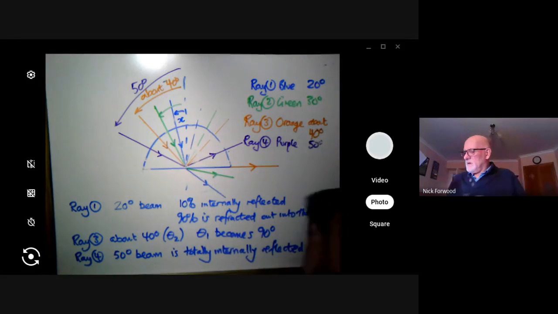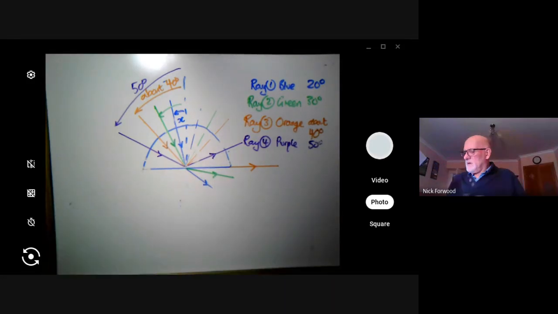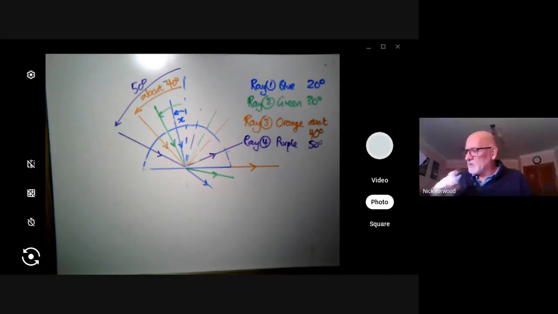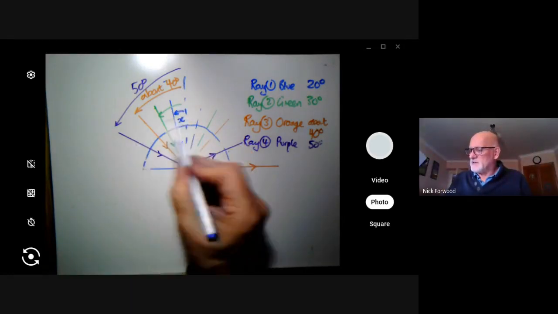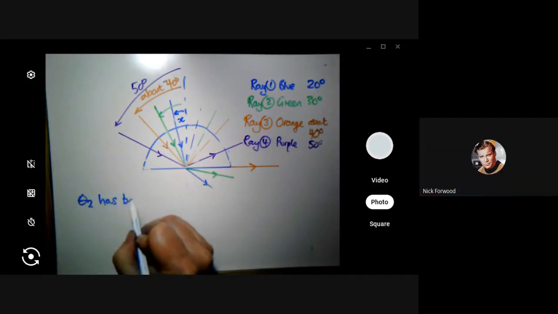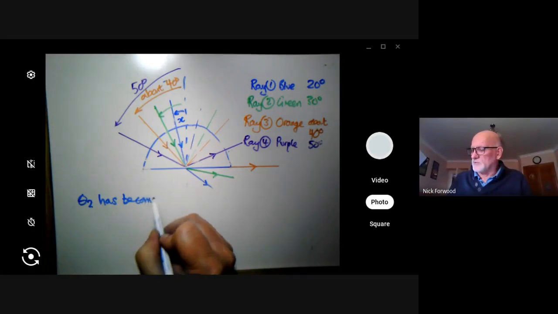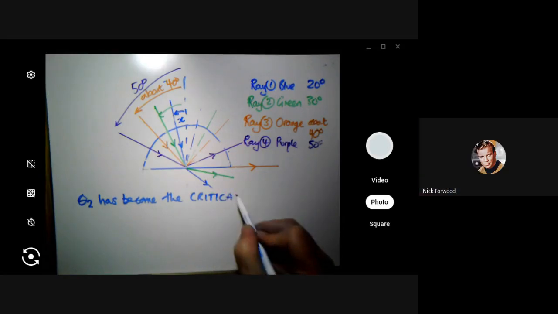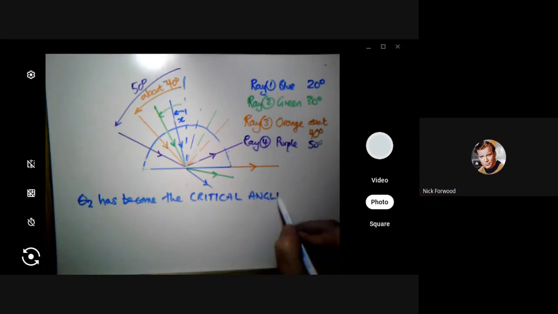Okay, so I'm going to write this down. I haven't written much down recently, but I'm going to say that this angle here, theta 2, has become what's called the critical angle, and we have a new symbol for the critical angle, and it is theta c.